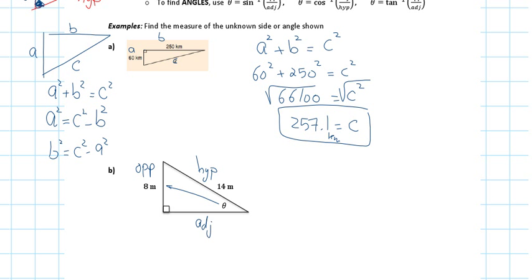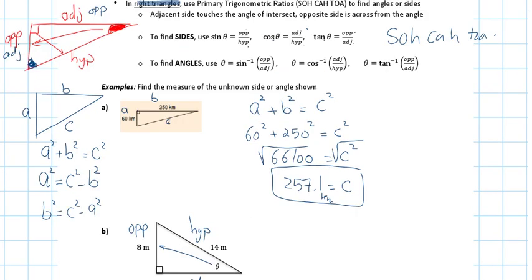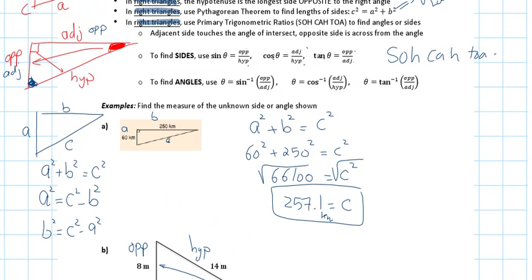Okay? Because I'm looking for that angle, I have to figure out which trig ratio do I use. What sides are given to me? The hypotenuse and the opposite, right? If I look back at my trig ratios, which one of the trig ratios have the opposite and the hypotenuse? Sine, right?